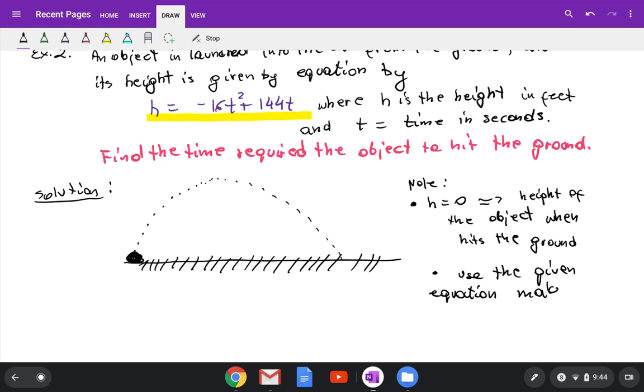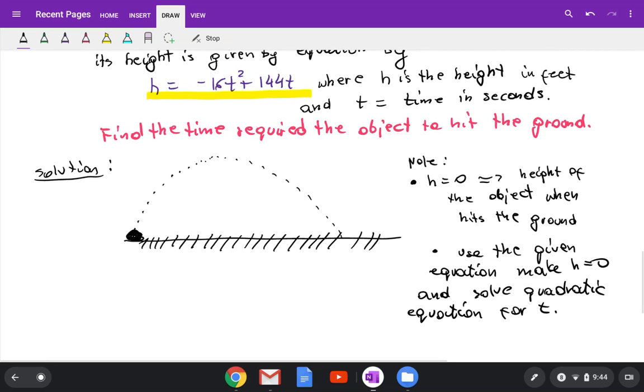Make h equal 0 and solve for t. And solve quadratic equation for t. Okay, so we're going to do it.